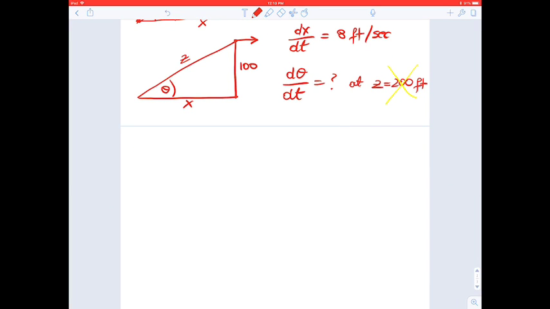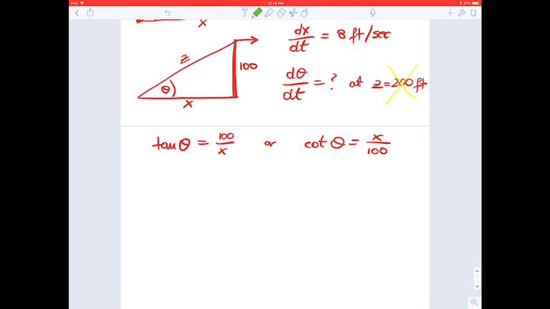I have to have the relation between x, theta, possibly z, and 100, because 100 is not changing. The kite flies horizontally. And since I see the right triangle and the angle, the trigonometric ratios are the best. I have to involve 100 and x. That means tangent theta, which is opposite over adjacent, or cotangent theta, adjacent over opposite.